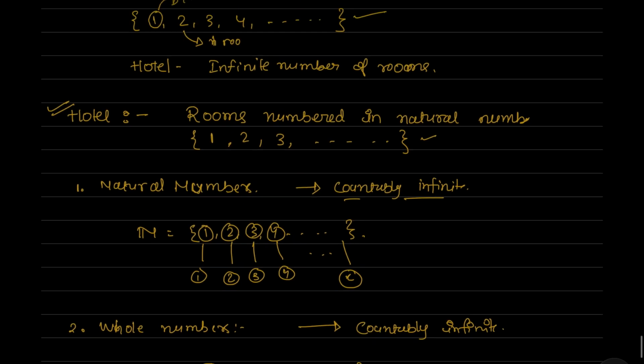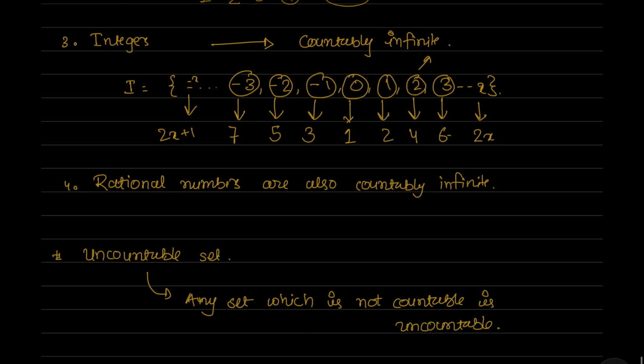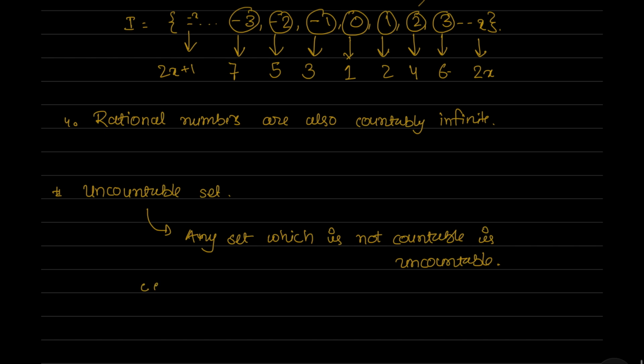So if you have a set where you are not able to assign a unique room to each of its elements, then the set is called an uncountable set. Some examples are the set of all irrational numbers, then the set of all real numbers.